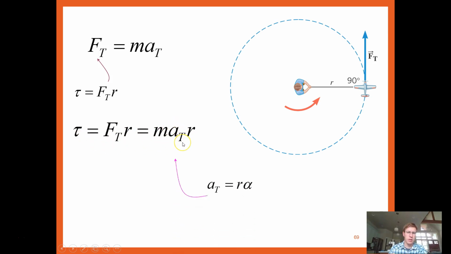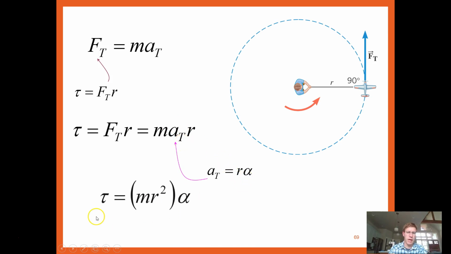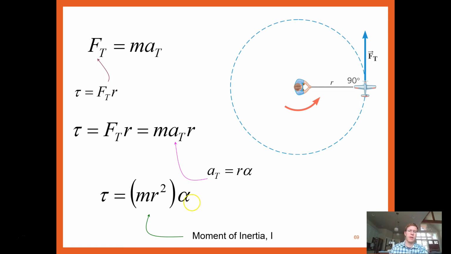Now tangential acceleration equals r times alpha. If we substitute that in, we get the torque for a given point mass, just a single object, is m r squared times alpha. Now if you had a rigid body, like a bike tire or just any old object, then you're going to have a bunch of different masses with different moments of inertia, right? Again, this m r squared is the inertia.